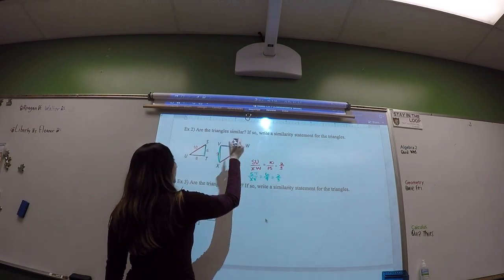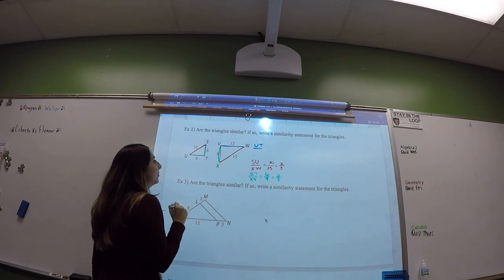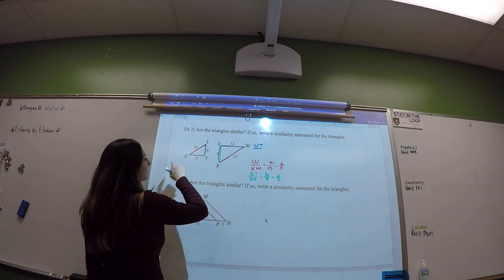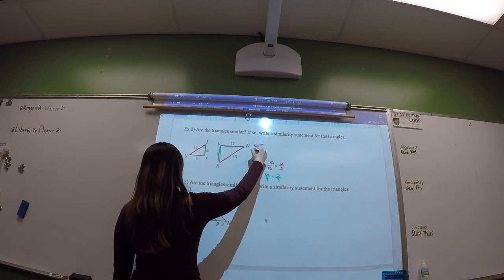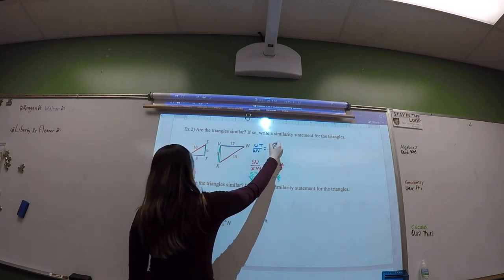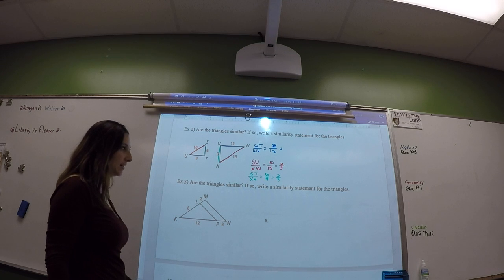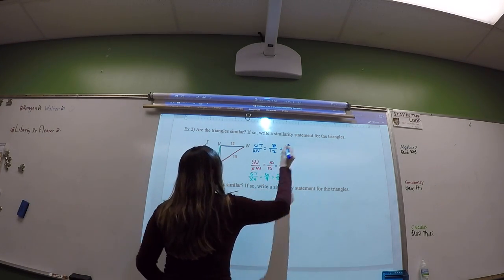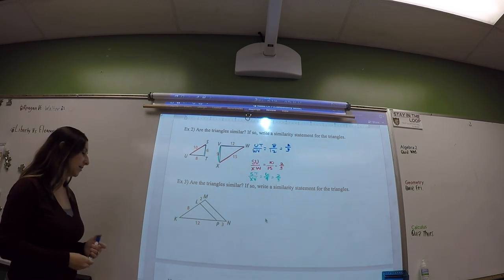If I call this UT, what do I compare it to? It's going to be WV. All right, what does that simplify to? 2 over 3. Okay, so it says, are the triangles similar? If so, write a similarity statement for the triangles.